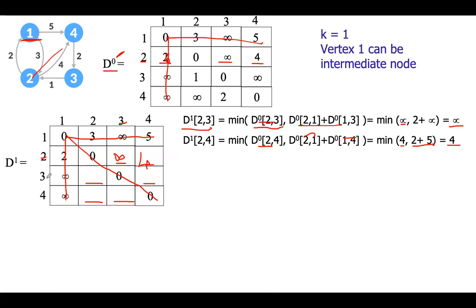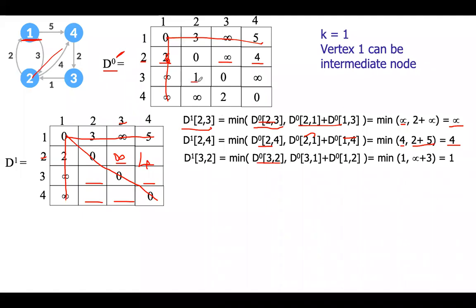Next, I need to find out the minimum distance between 3 to 2. I need to find out the minimum distance if I go through 1, whether I will get any minimum distance or not. d1 of 3 to 2 is equal to minimum of d naught of 3 to 2.